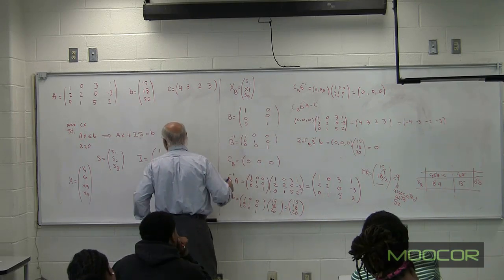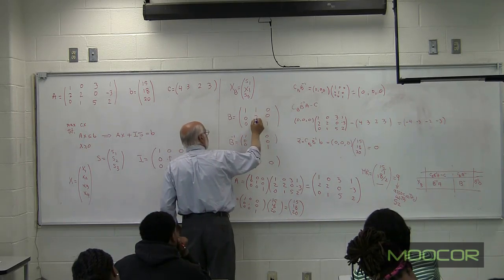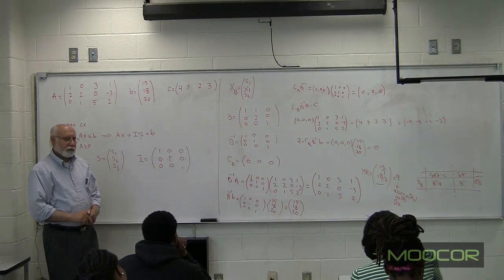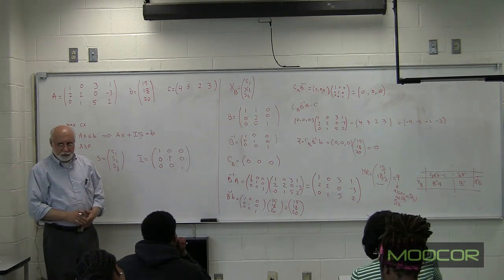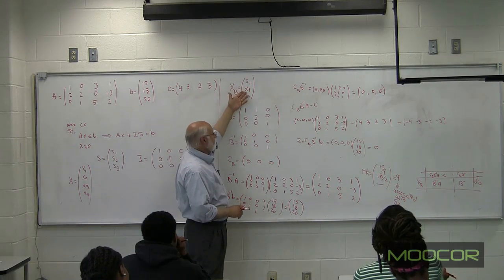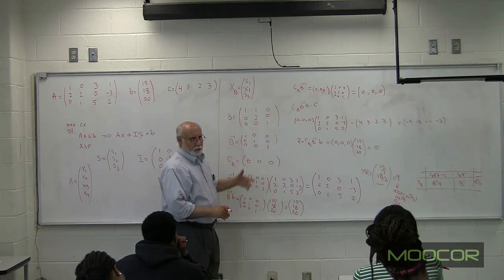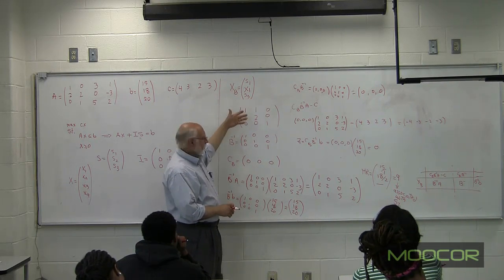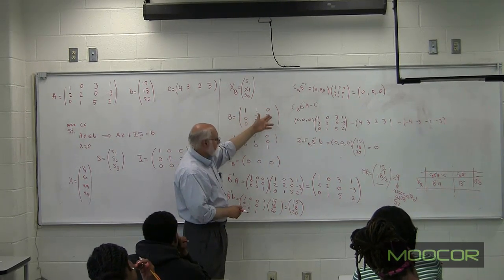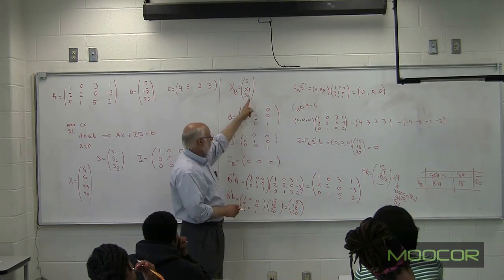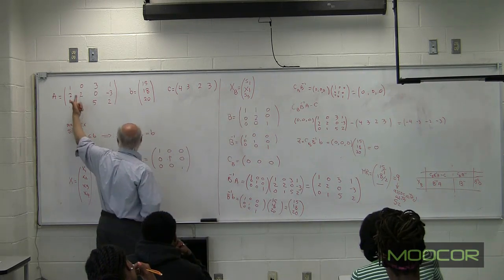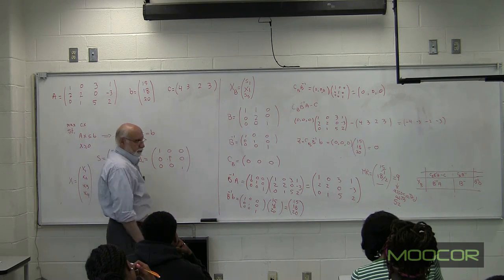My b is now going to be 1, 2, 0. How do I know what that looks like? I'll look at S1, X1, and S3. What are the coefficients of S1? 1, 0, 0. What is the coefficient of S3? 0, 0, 1. What is the coefficient of X1, which is in the middle? It is 1, 2, 0.